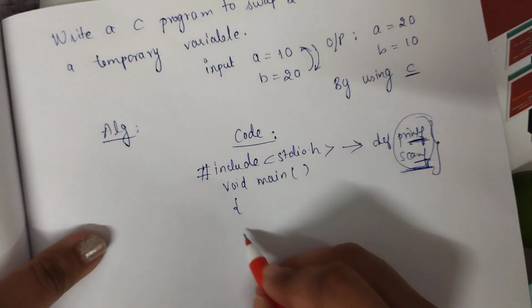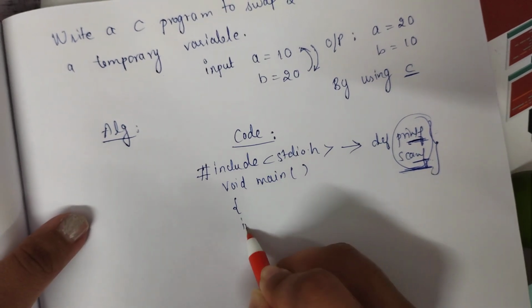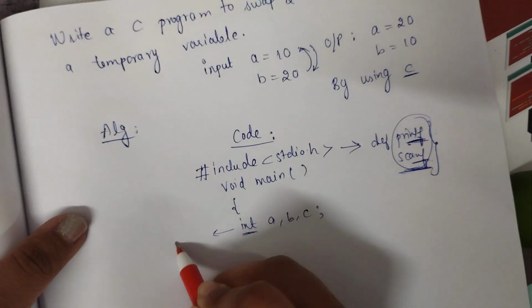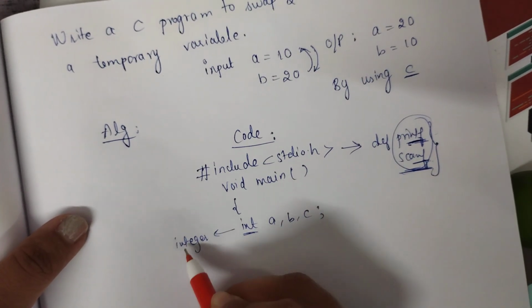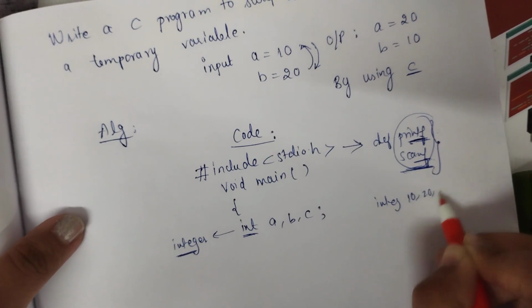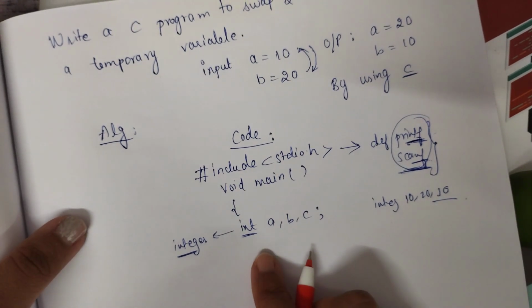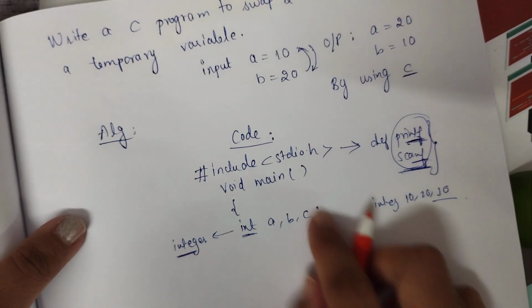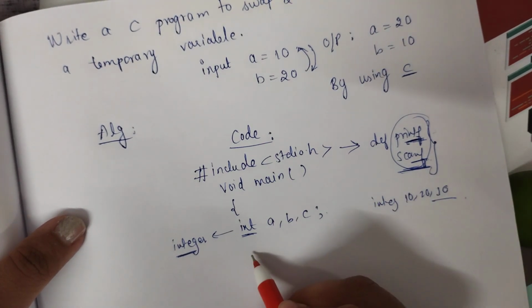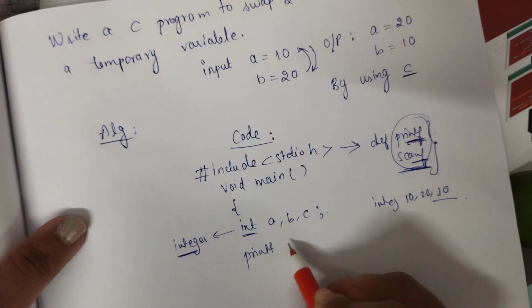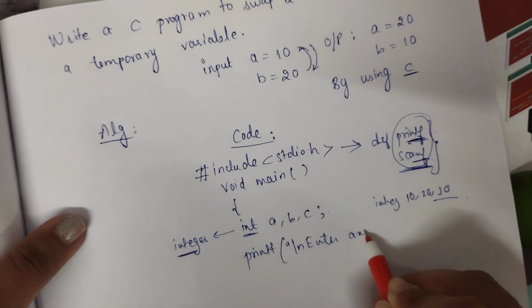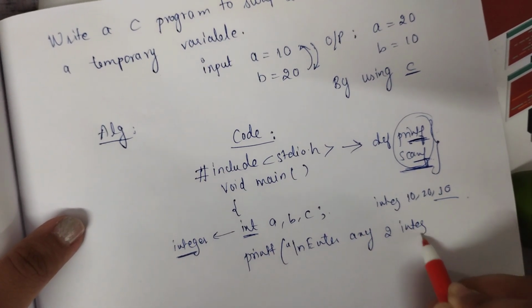Then we are considering variables int a, b, c. Int is used for integer values like 10, 20, 30. After defining the input, we are using printf saying enter any two integers.